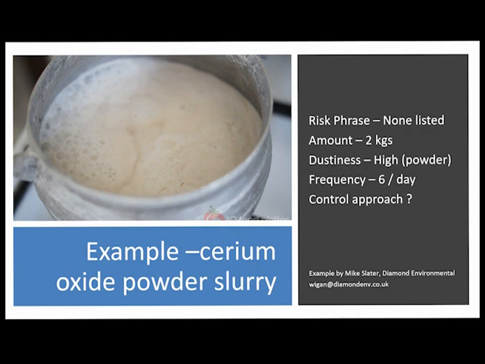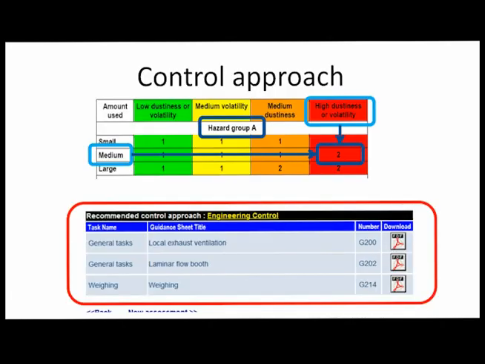So what's the control approach? This is that circle put into a tabular format. You've got a medium amount being used in hazard group A because it has no risk statements or H statements or R phrases. So it's hazard group A, which is low hazard dust. Medium amount being used, high dustiness, and that's control approach 2. And if you remember from the previous slide, that's engineering controls, LEV, etc. And it will come down with some sheets that are applicable to this particular task.